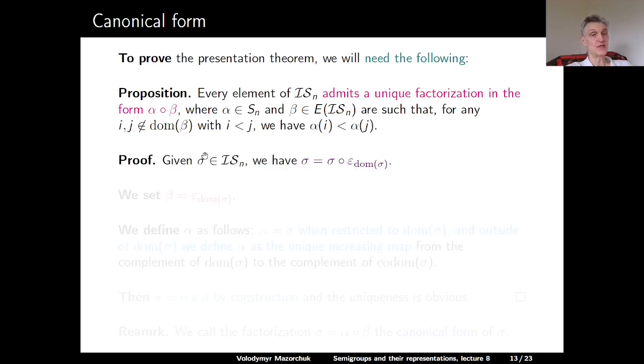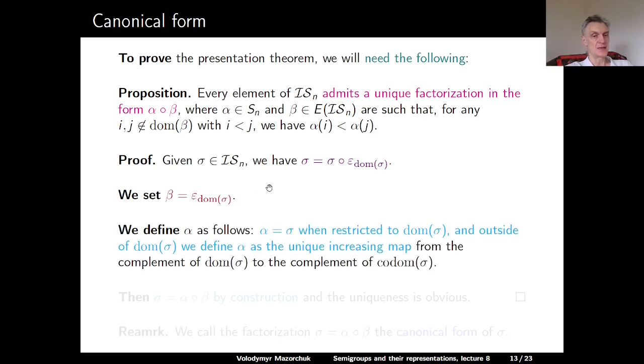Proof: given σ in ISn, we have that σ is equal to σ after the Carley epsilon on the domain of σ. So let us set β as the Carley epsilon on the domain of σ, and let us define α as follows. We define α as σ when restricted to the domain of σ, and outside of the domain of σ, we define α as the unique increasing map from the complement of the domain of σ to the complement of the codomain of σ.